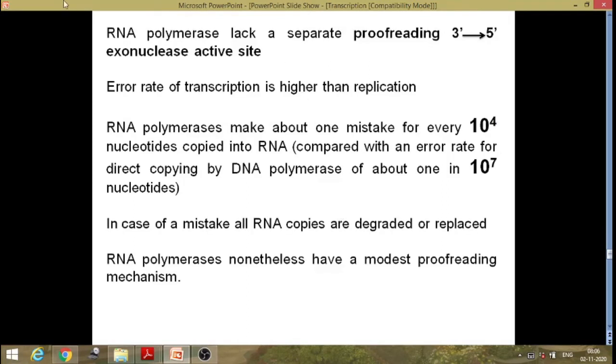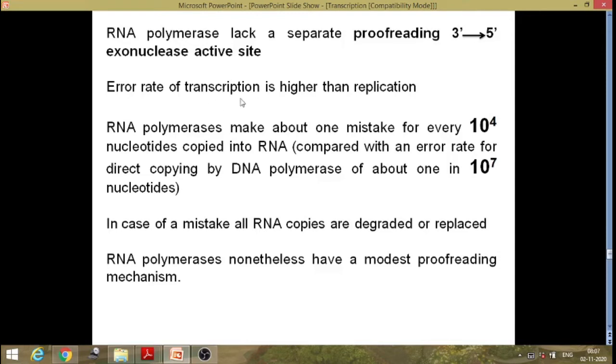So another point to be discussed is that RNA polymerase lack proofreading. So RNA polymerase lack a separate proofreading 3' to 5' exonuclease active site as in DNA polymerase. So DNA polymerase has this 3' to 5' exonuclease active site, but RNA polymerase lack this separate proofreading active site.